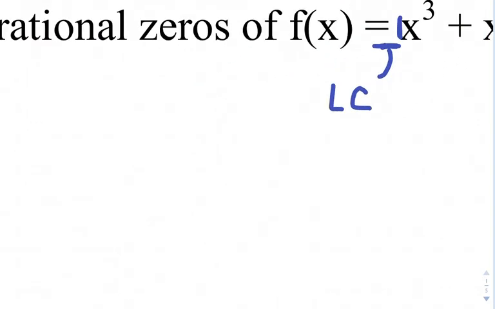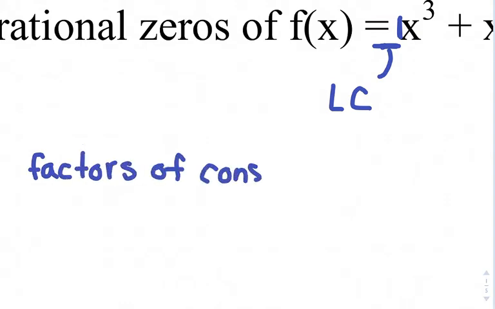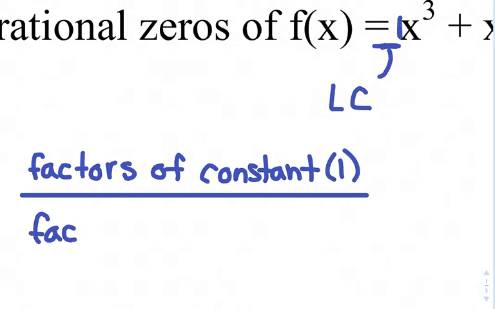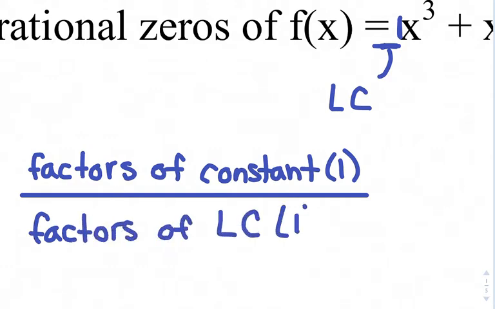So the formula for listing all rational zeros is the factors of your constant term, and that constant term was 1, and then it's divided by the factors of your leading coefficient, which was also 1.